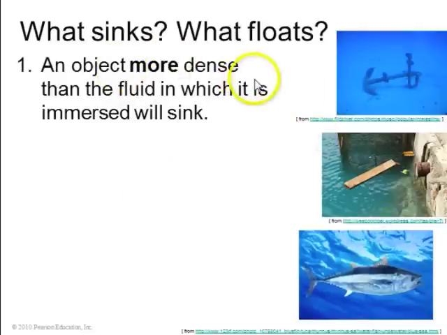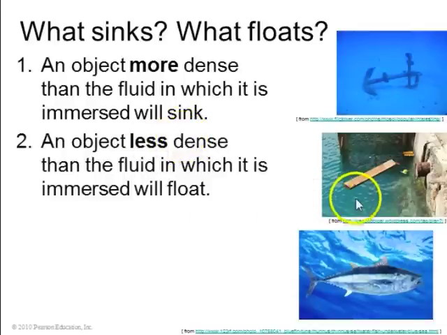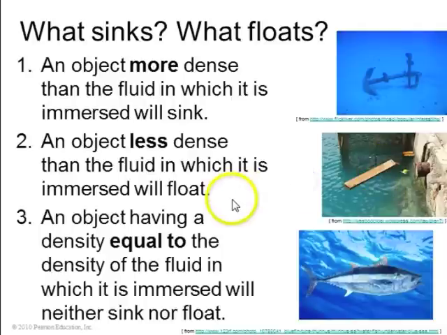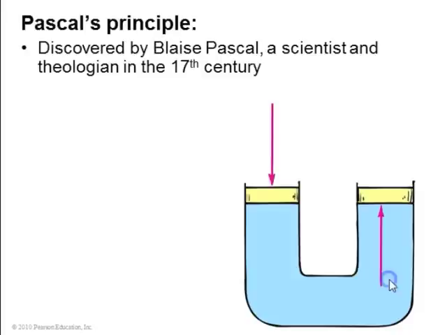An object that's more dense than the fluid that it's in will sink, like this anchor. An object that is less dense than the fluid it's immersed in will float, like this piece of wood. An object with a density equal to the fluid will just hover at whatever altitude it was, like this fish.